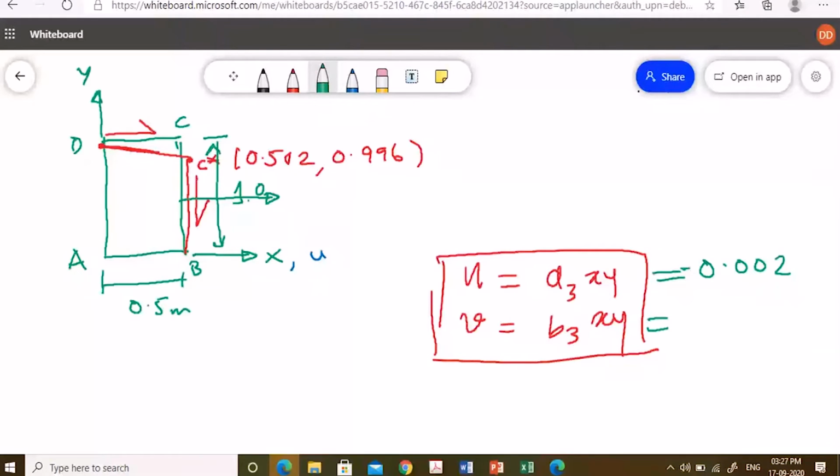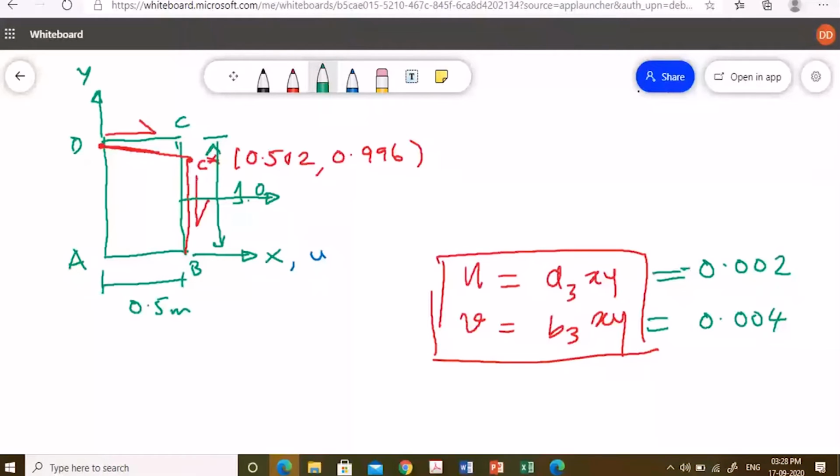Okay. And at B, what has happened? The deformation in the Y direction. This is positive, right? It has compressed. So this is 0.004. Everybody agrees? Where from am I writing this? This is 1 minus 0.996, and this was 0.502 minus 0.5.